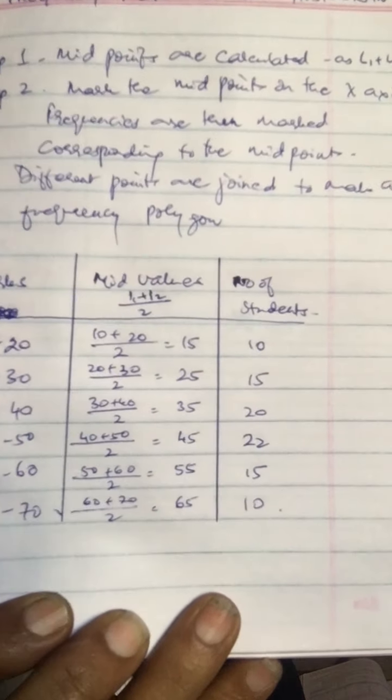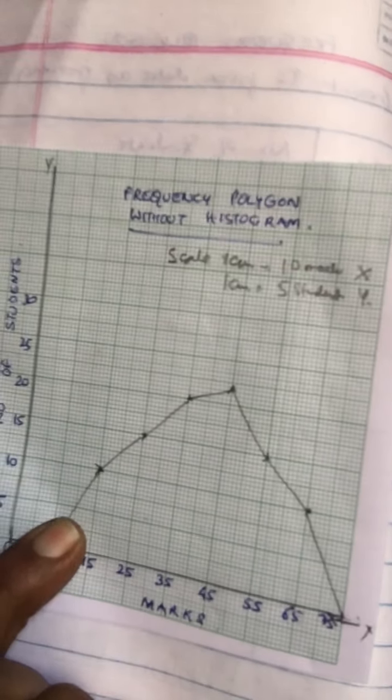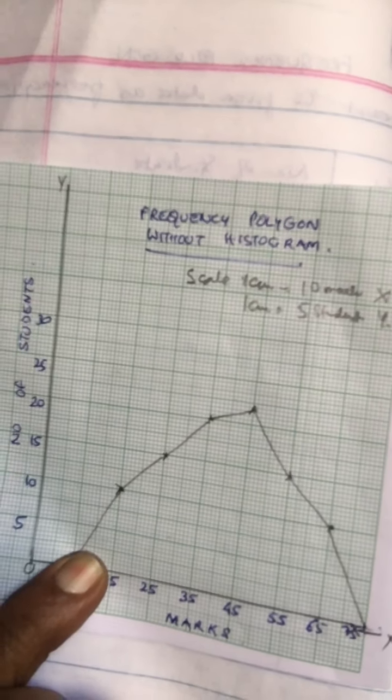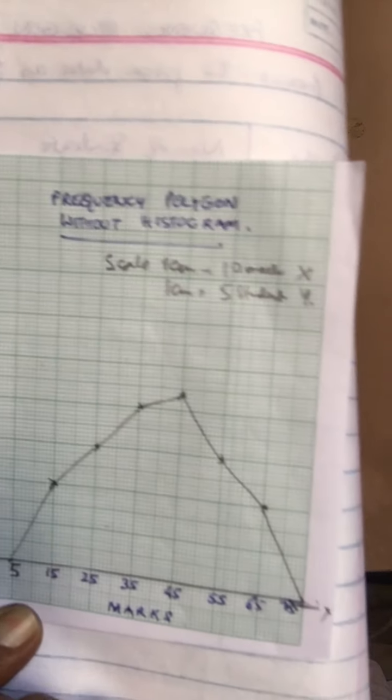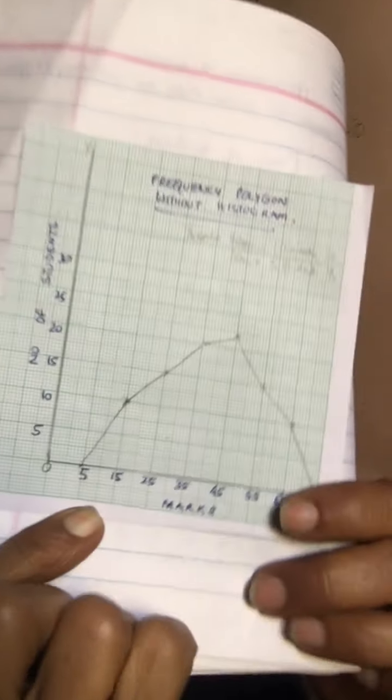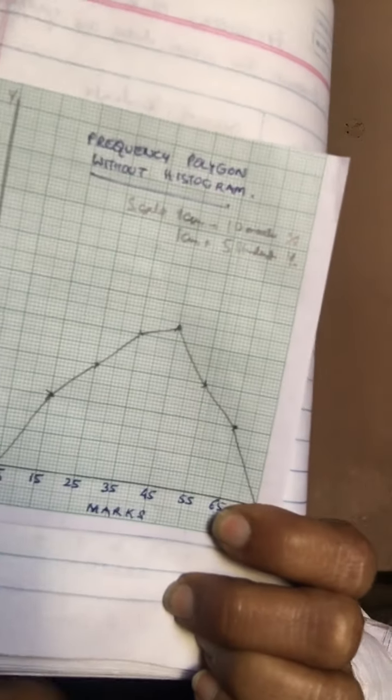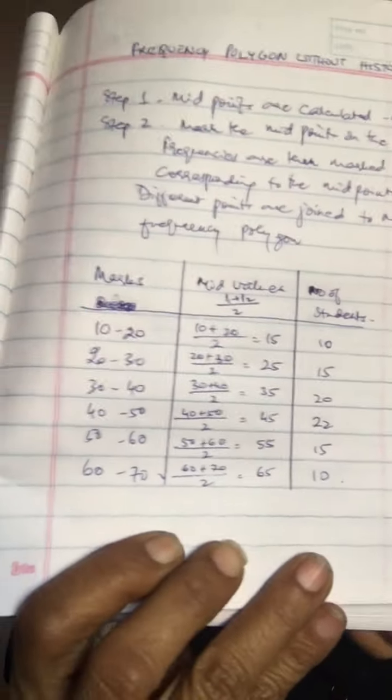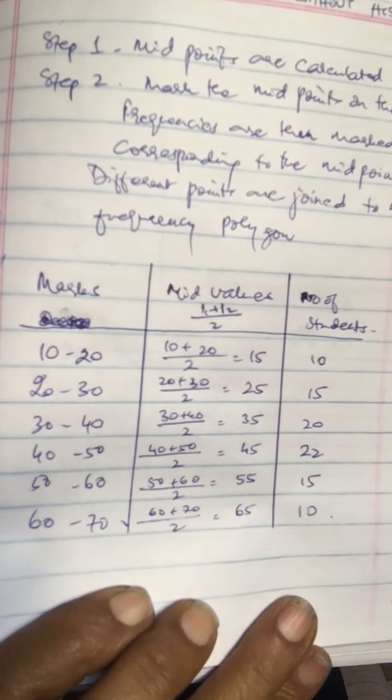Can you see that? The mid values are put on the x-axis, and of course the frequencies are on the y-axis.